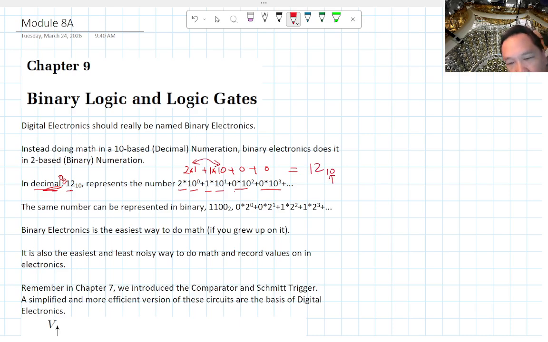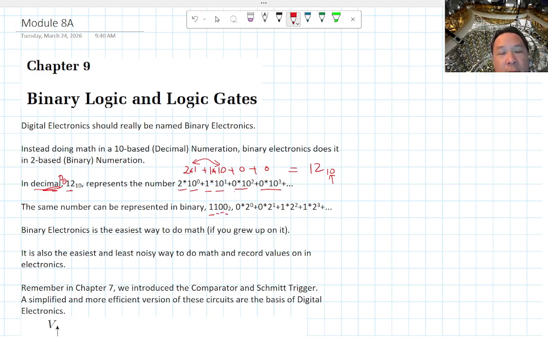Here I'm going to put a little subscript there, 10, to tell you that this is the decimal base numeration that I'm using. You can represent the same number in binary numeration. That same number is actually 1, 1, 0, 0, and this time I'm going to put a 2 there.